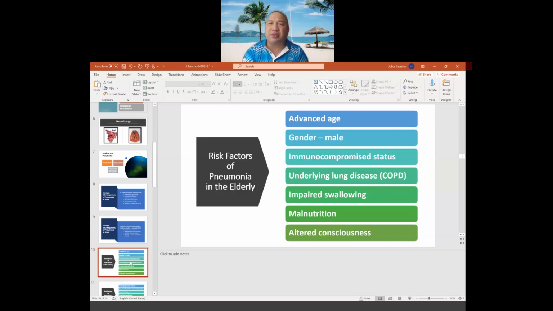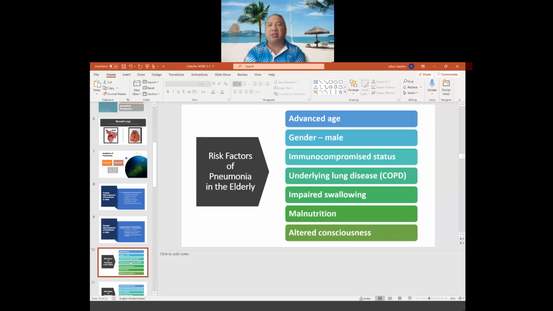Immunocompromised status: those residents who have cancer or are on chemotherapy, who have kidney problems, could be immunocompromised. That's why they're easily attacked by these microorganisms, and as a result, they will develop pneumonia.